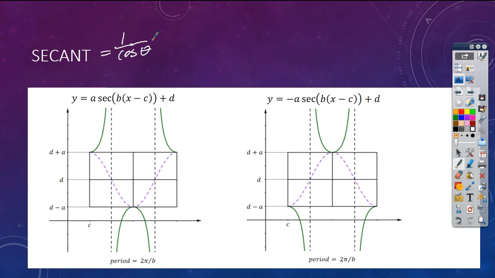So what you're seeing here is the exact same type of shape as what we had with cosecant, except that secant uses cosine. So it's the exact same thing as doing a cosine one or a negative cosine. And notice if you put the next box over, your graph would keep on going.